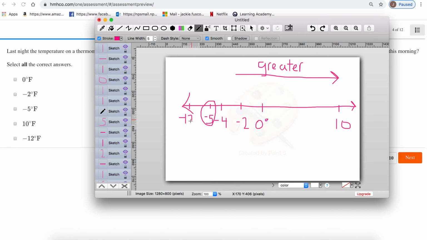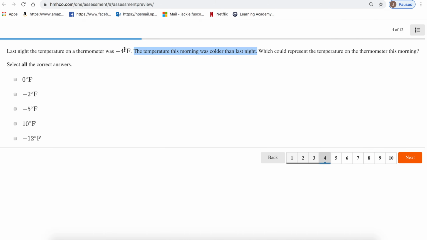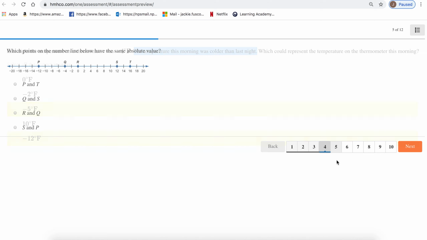So -12 is also a smaller number, which means it would be colder. So my two correct options here are -12 and -5. Both are colder than -4.